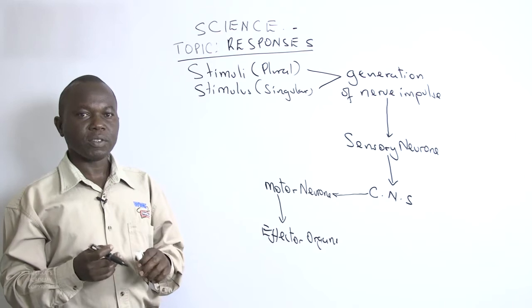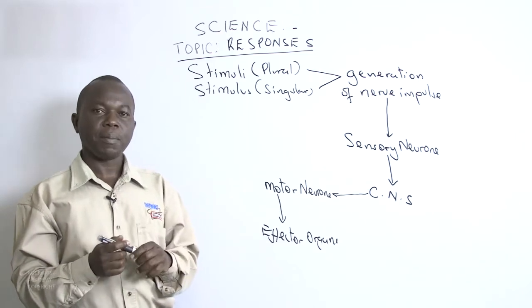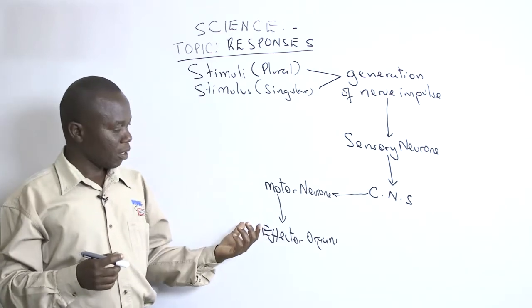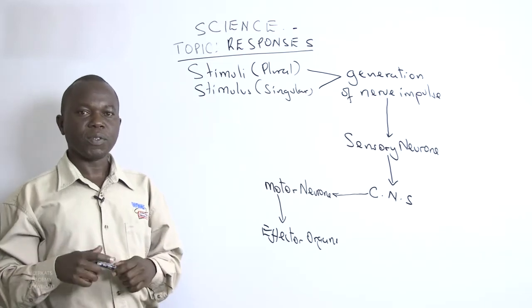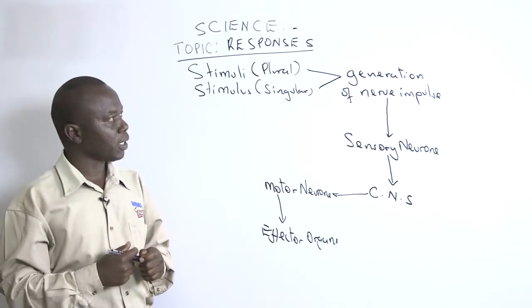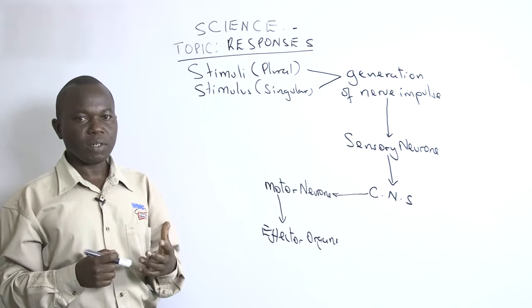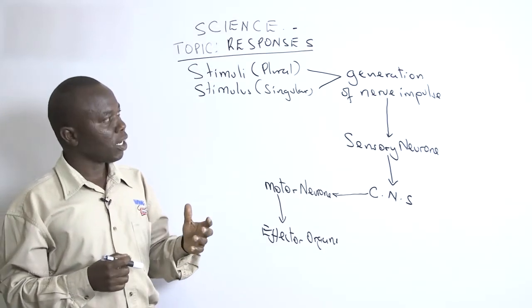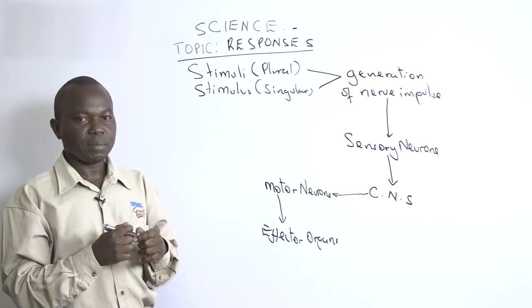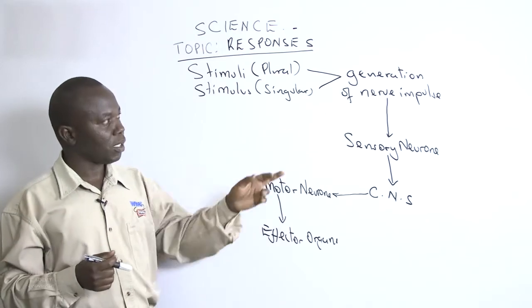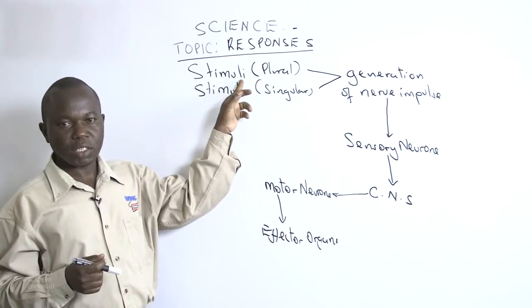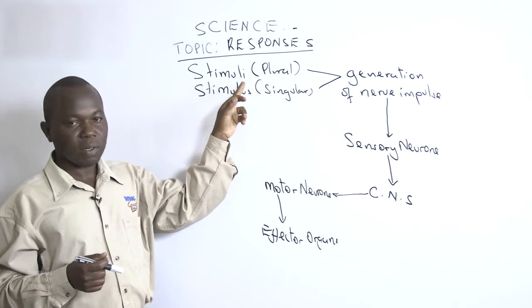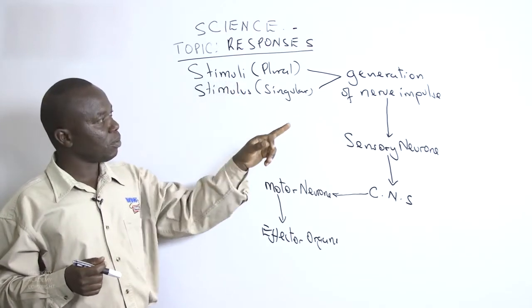In our previous lessons, we used an example: if you touch a hot object, we are going to have sense organs being stimulated. Because it's a change in the environment, we call that one a stimuli or a stimulus.